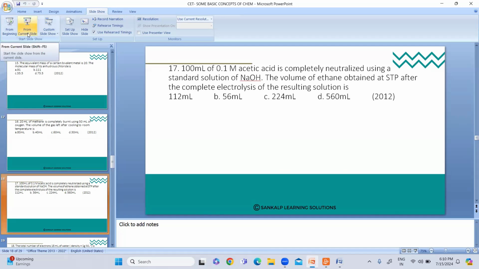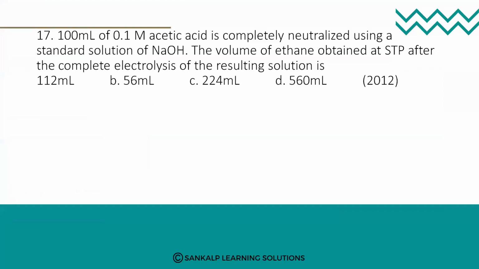Go through the question, students. 100 ml of 0.1 molar acetic acid is completely neutralized using a standard solution of NaOH.